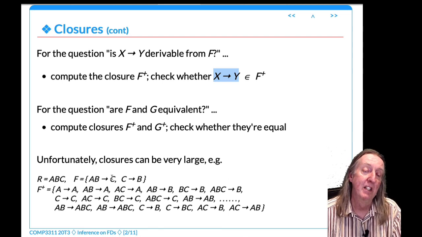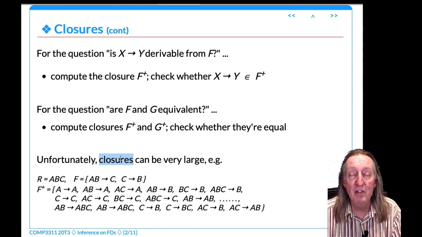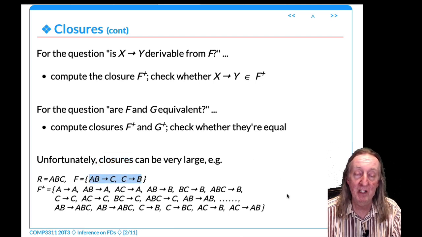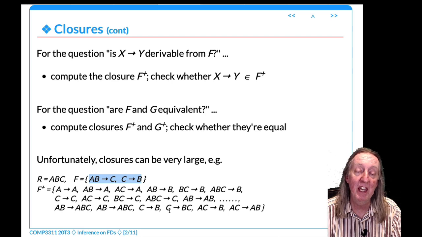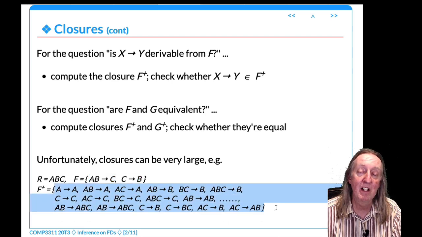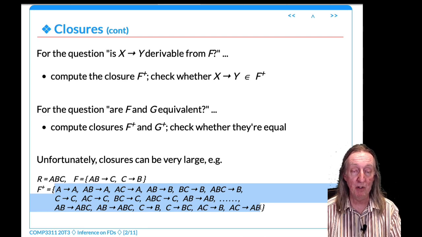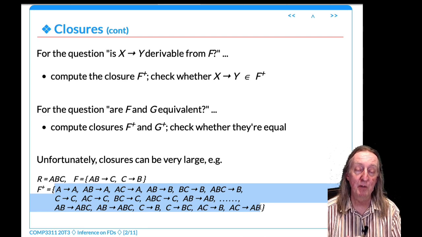Problem is that closures, sets of derivable functional dependencies, can be extremely large. So here's an example where our starting set of functional dependencies is that, and here's a whole bunch of functional dependencies that we could derive from those ones.